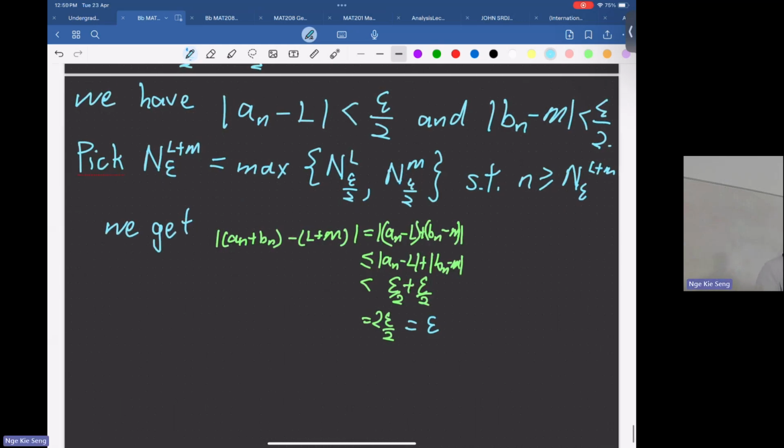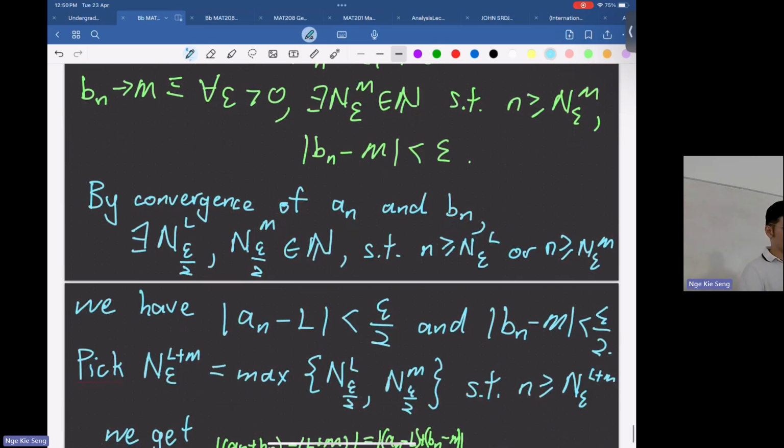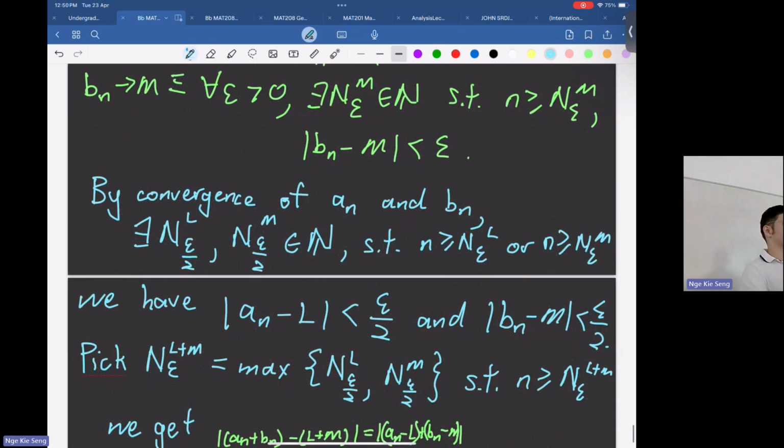Shouldn't the last line of the previous slide be n larger than n epsilon of L and n larger than n epsilon of M? Oh, because this is just talking about both of them. It's not talking together.